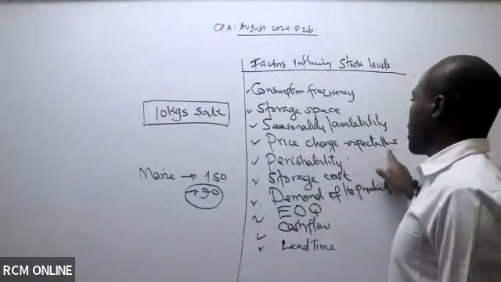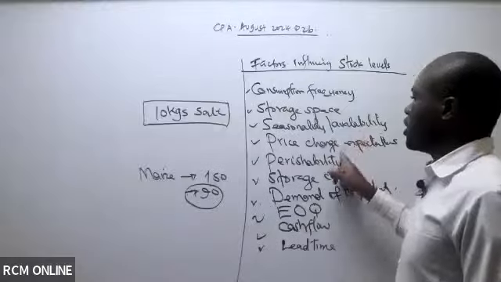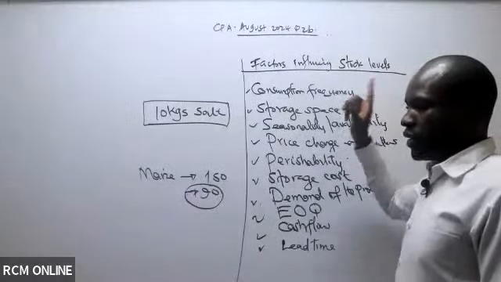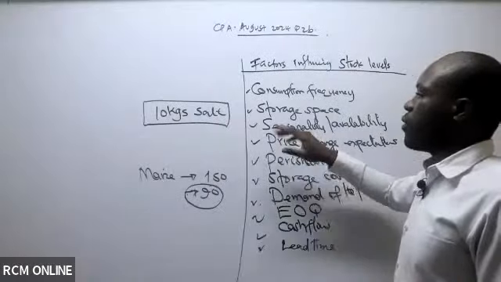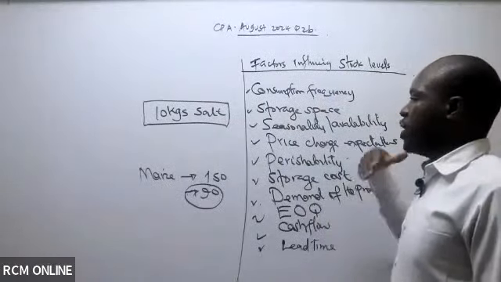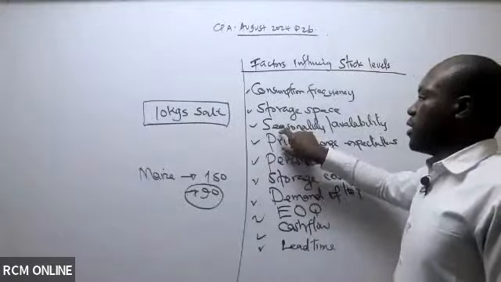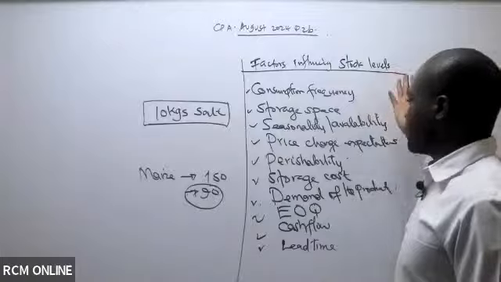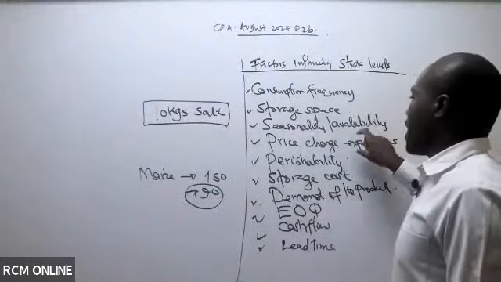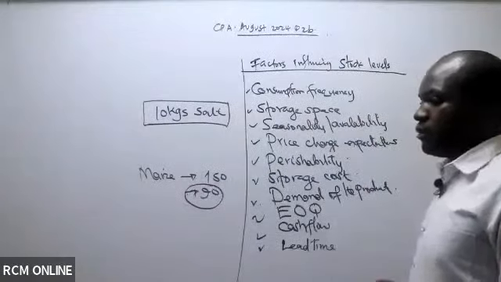Price change expectation again. If we are anticipating an increase in prices in the next 2 or 3 months, and this product can be kept for even 1 year, what do I need to do? I need to get more money and have adequate stock, so that as prices increase in the next 4 or 5 months, I will be able to enjoy that.